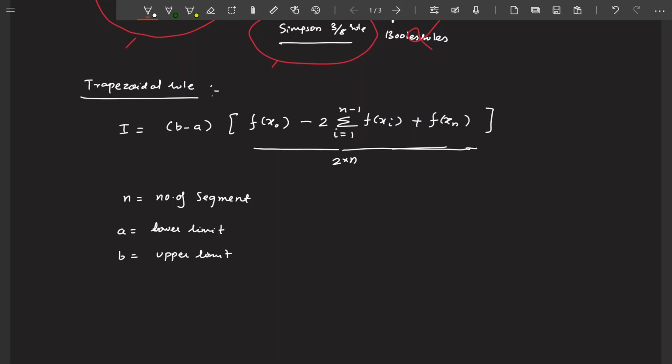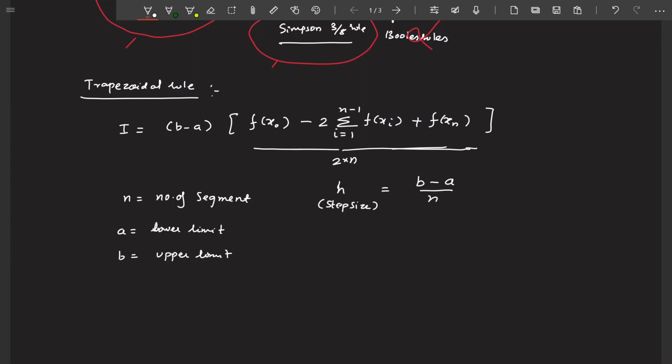There is also one term here, that is h, which is known as step size, that we haven't discussed. The formula for finding out the step size is b minus a divided by n.